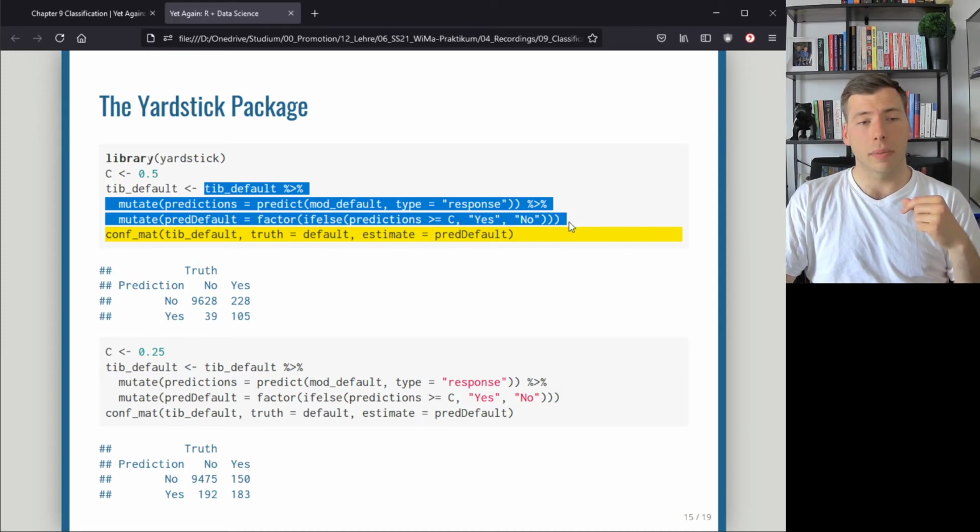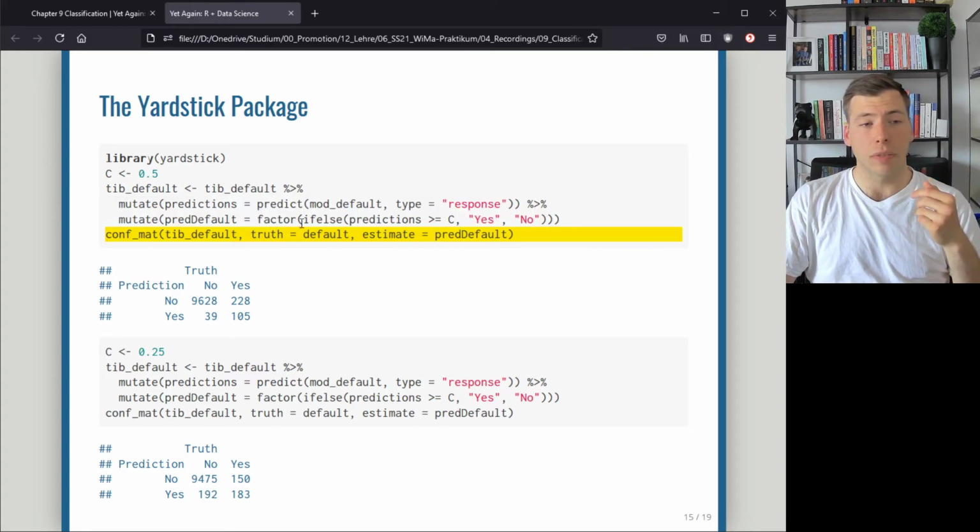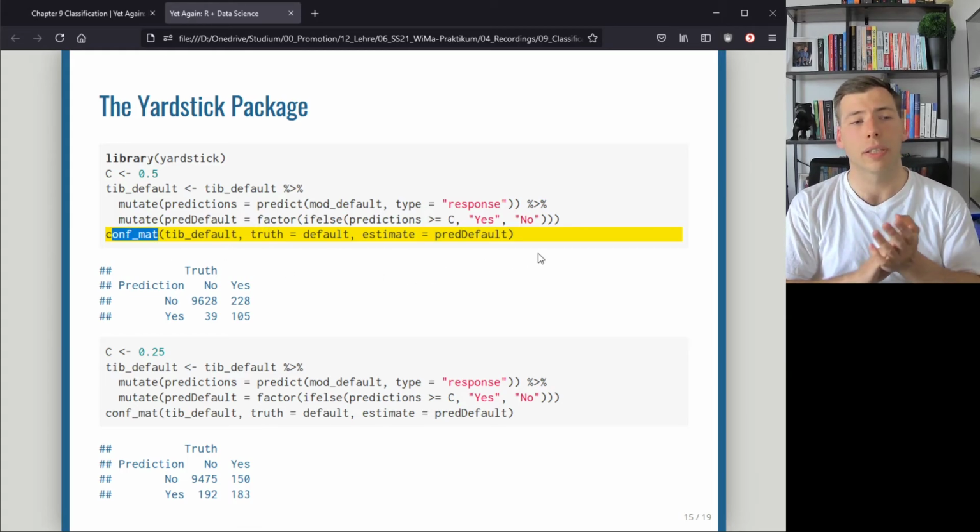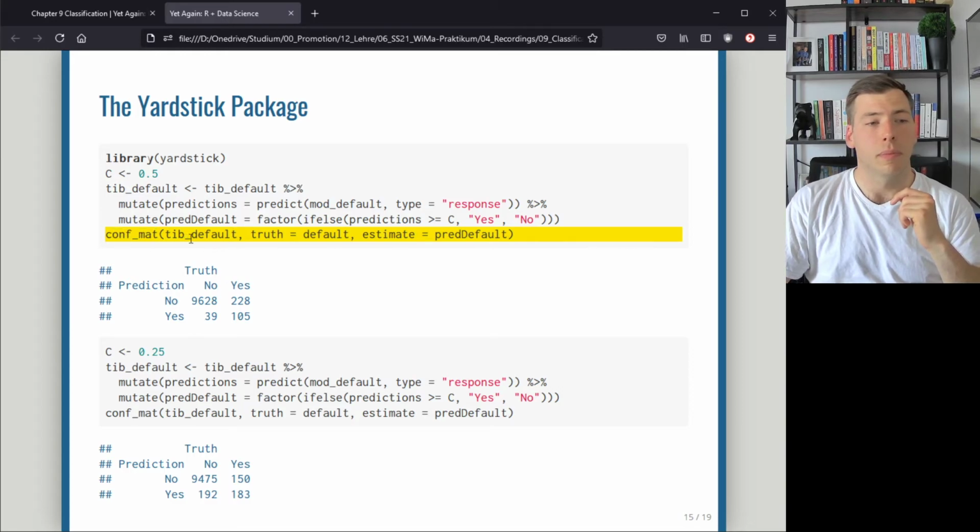And so here we have a model, so we classified people as either defaulting or not, and with this classification, we can simply compute the confusion matrix by stating what is the true value or the true classification and what is our estimated classification.